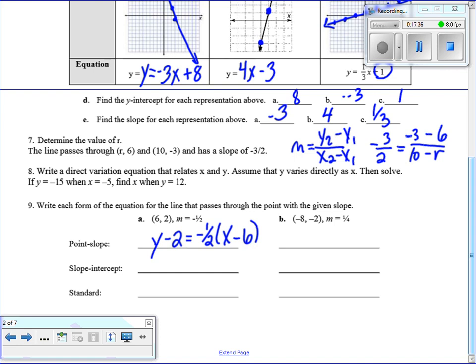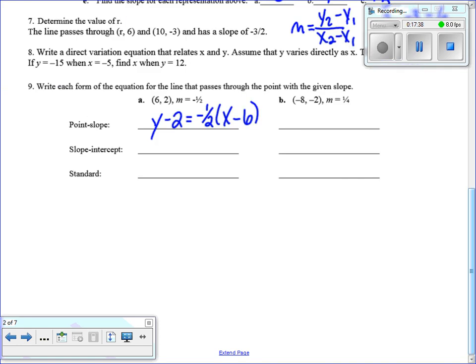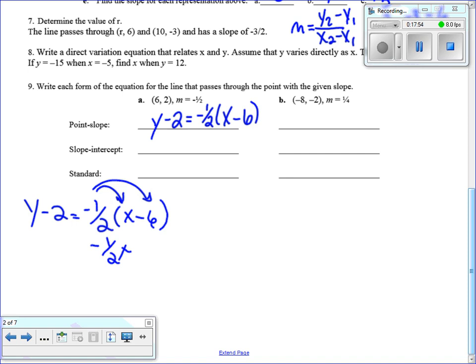What we would do here is distribute the slope of negative 1/2. Negative 1/2 times x is negative 1/2 x. Negative 1/2 times negative 6, well, whatever half of 6 is, that's my answer.